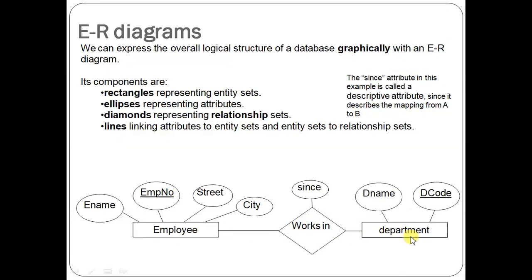Employee works in department. Now you very well know that this relationship will be represented with the help of a foreign key. In the ER diagram, a rectangle represents an entity set like employee, ellipses represent attributes, a diamond represents relationships, and a line represents links.